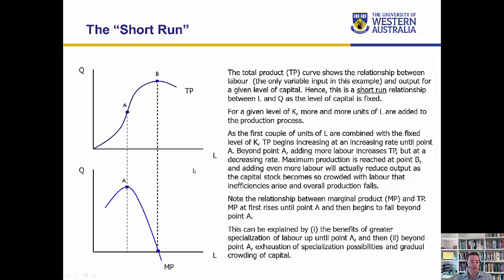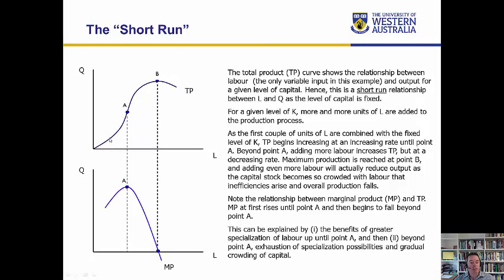So if we start off at the origin here and move up this curve, we are adding more workers. We've still got the same 10 units of capital, but we're adding more and more workers, and output is increasing, which makes perfect sense. But the relationship between labour input and production is not linear. It's actually non-linear, and the shape of that non-linearity changes.